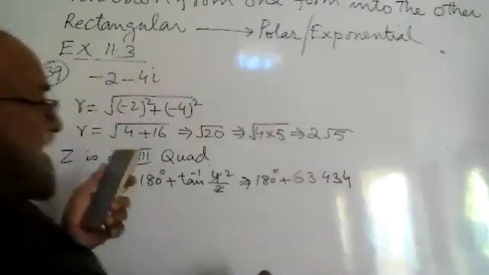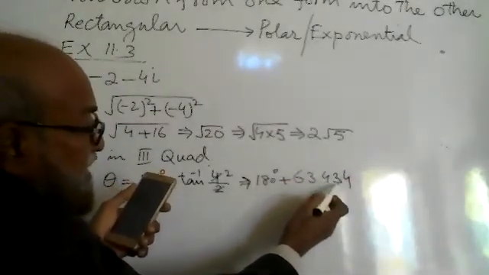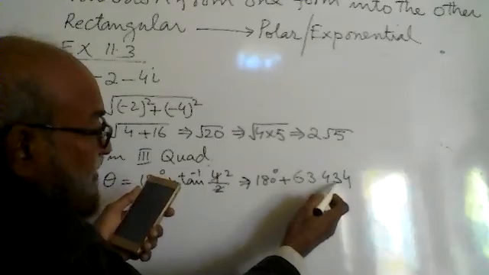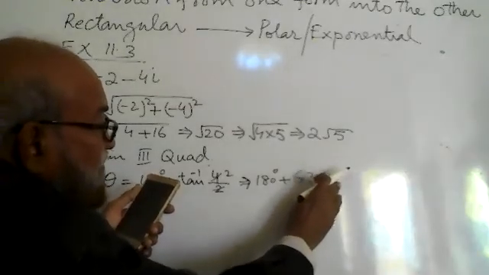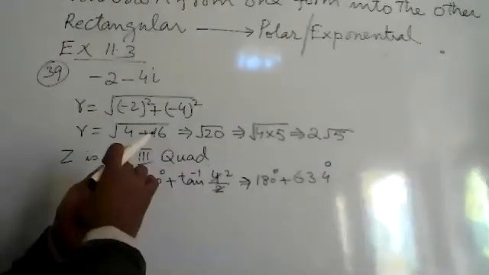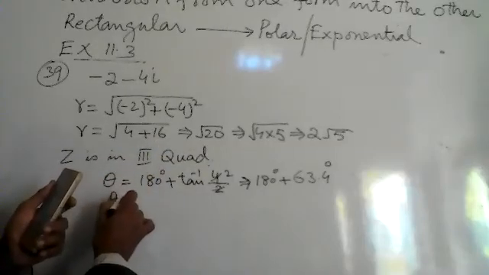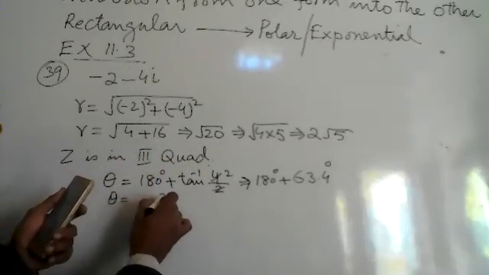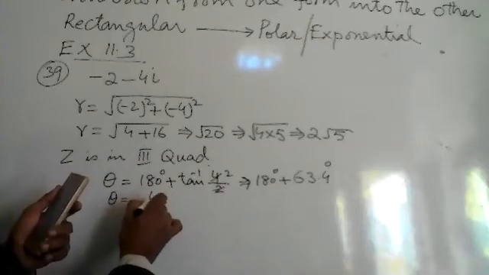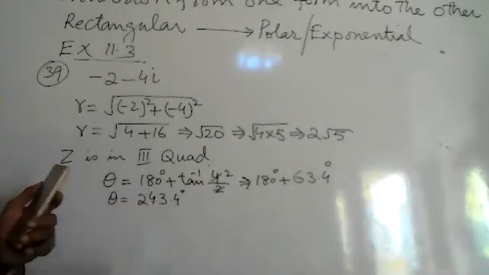We have to take one decimal place. After the 4, that is the one decimal place, and after that is 3, which is less than 5, so it will be removed. So this is 63.4 degree. Add the both.